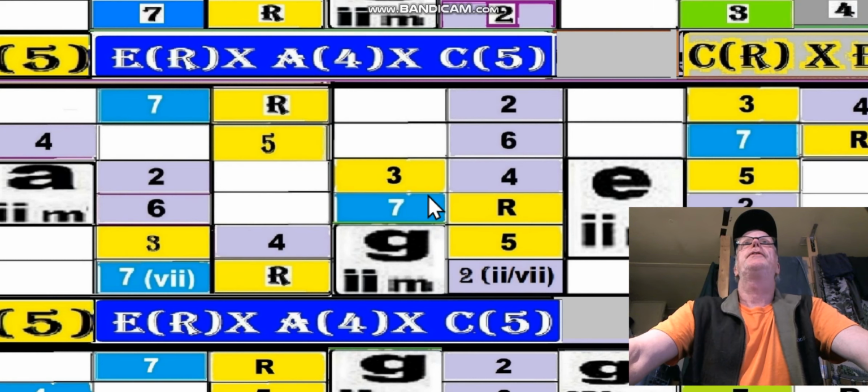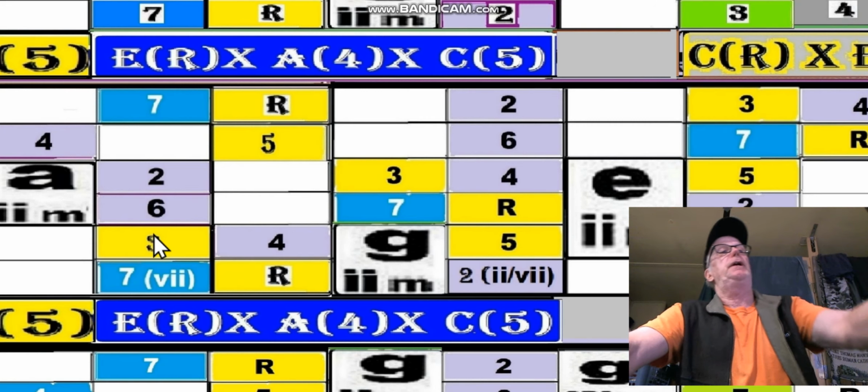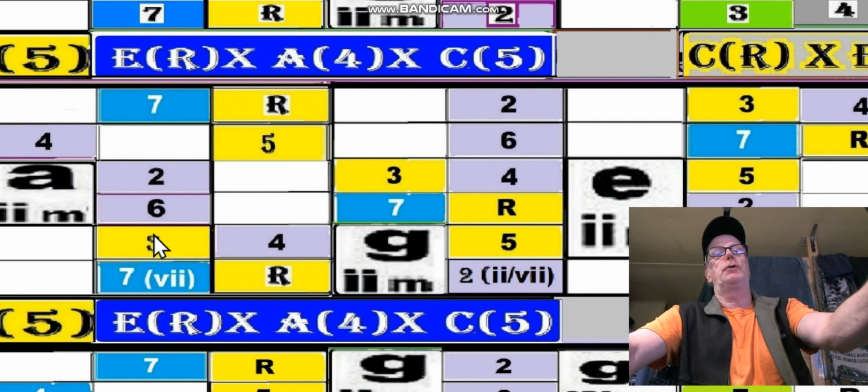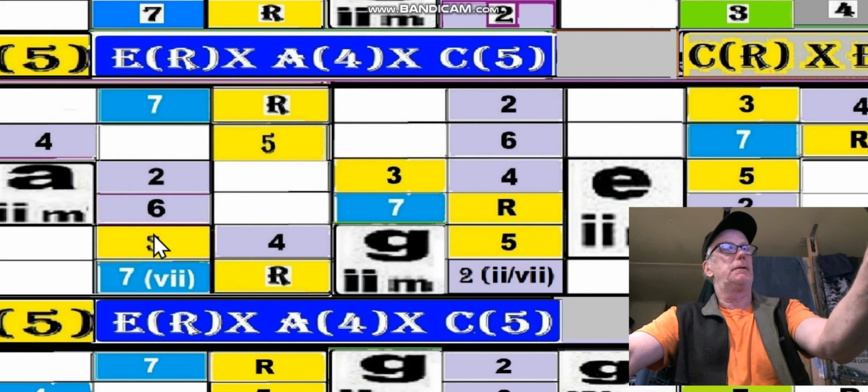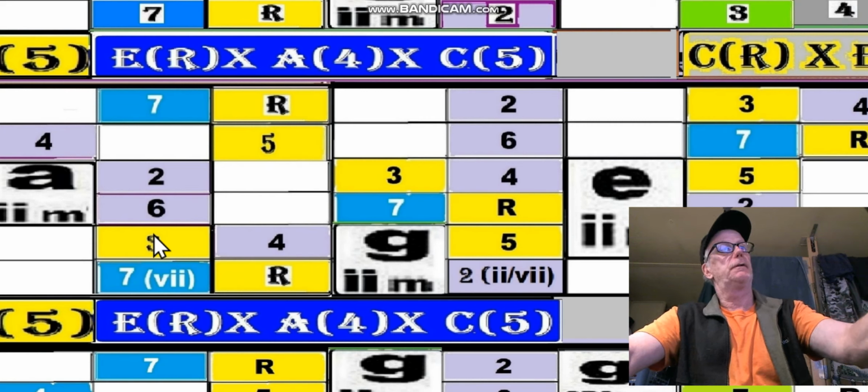The root is there because it doesn't share any notes with the Dorian. So here's the Dorian, here's the root, here's the Dorian, here's the Locrian, and here's the root again.